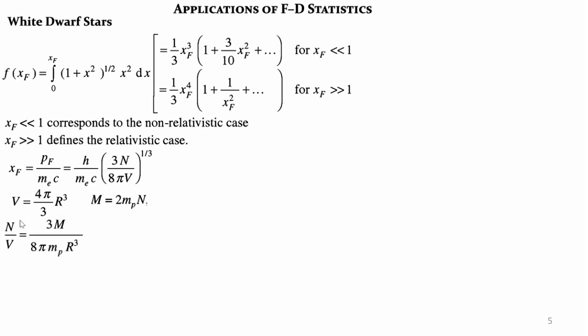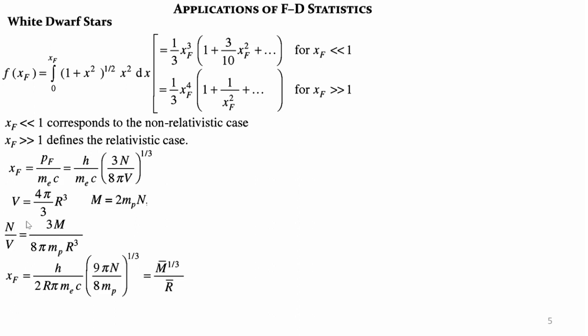So if I try to find out N over V, the number density actually, the number of electrons per unit volume, so this turns out from here, let us say this is N, this is V. So this will be 3M by 8π m r³. You just have to rearrange things here. Take 2m_e here, and then rearrange things. You can easily do it.